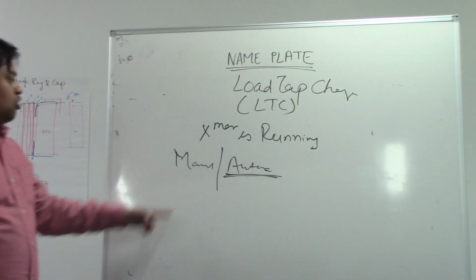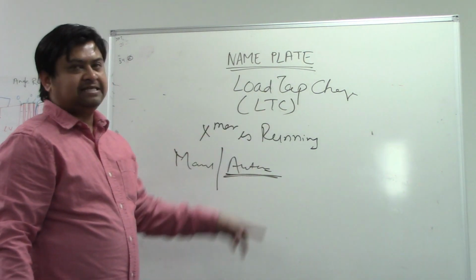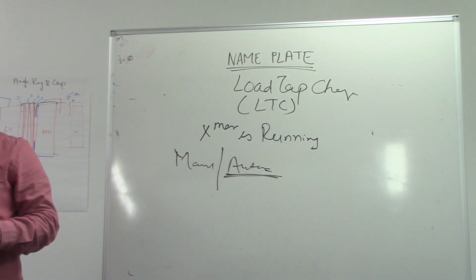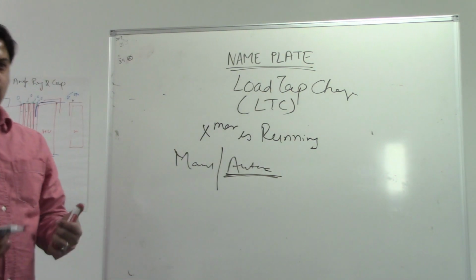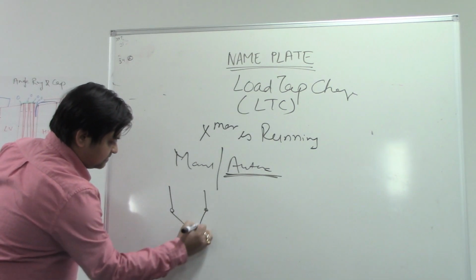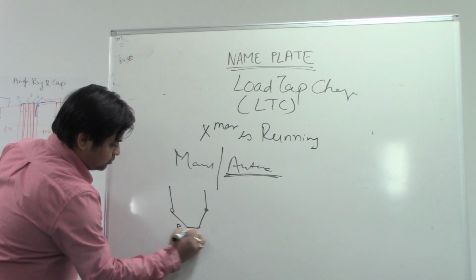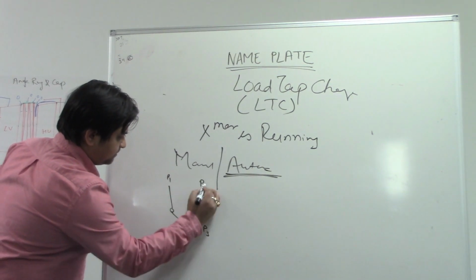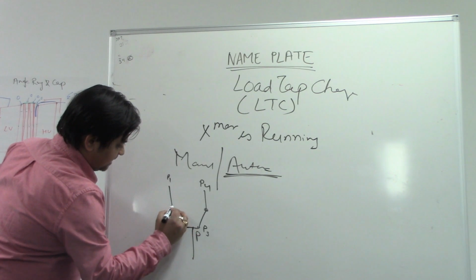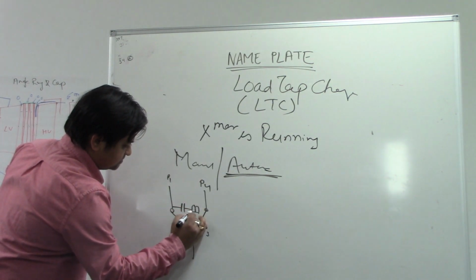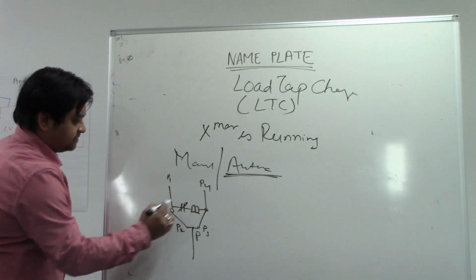Okay. What property does the LTC have which makes it separate from the DETC and lets it operate under load condition? It is something like this. So here is your P1, P2, P3, P4, this is your P, and there is something like this, you see, PS.